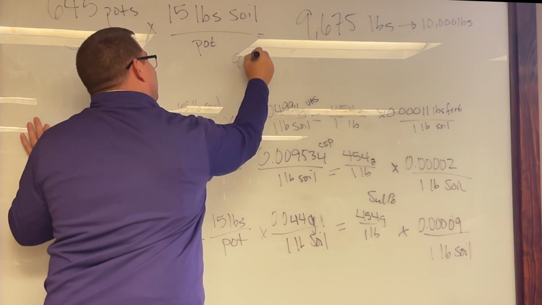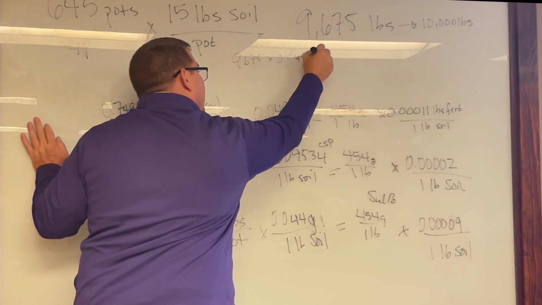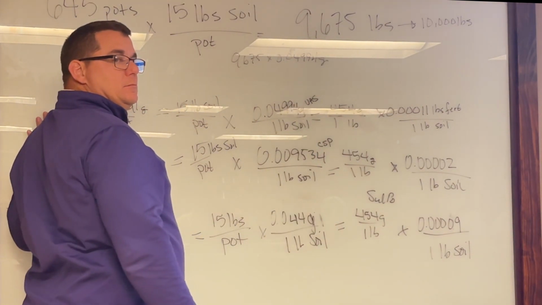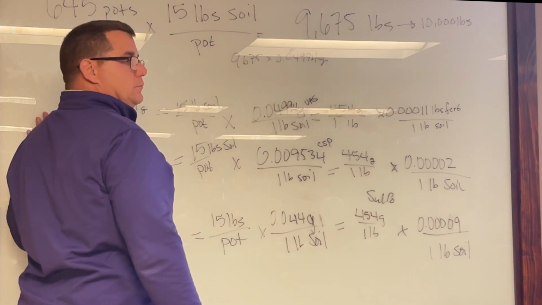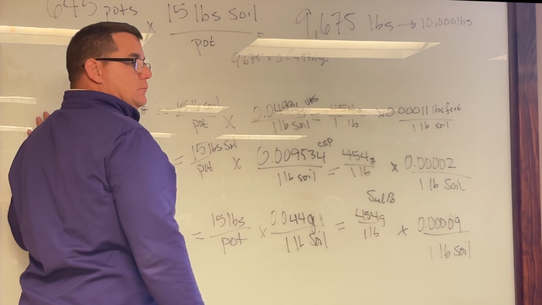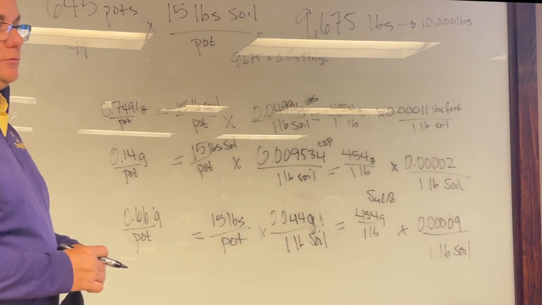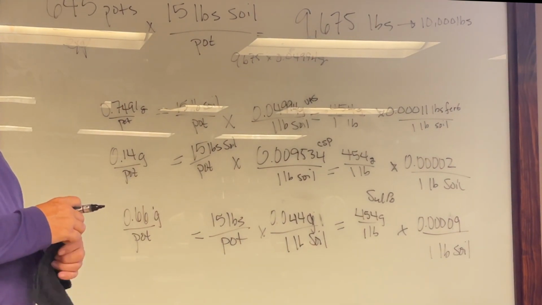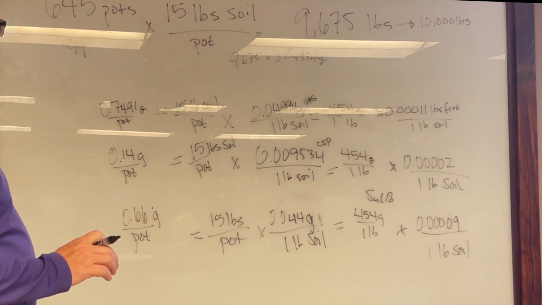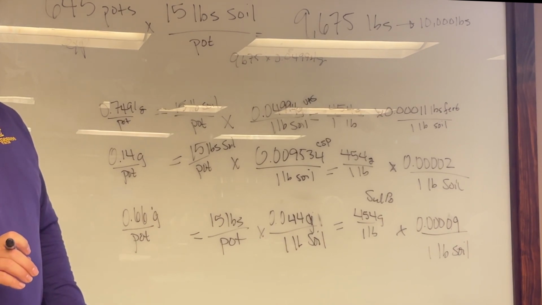That's going to look like 9675 times 0.049994. Yeah, so I was close to that when I divided by 9,675. The mechanics though, right? And round it. Grams and pots.